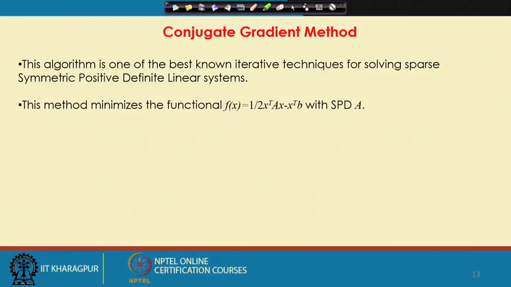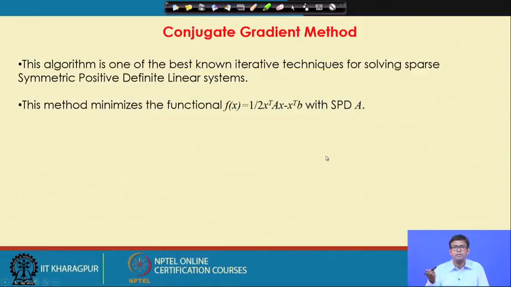Symmetric positive definite matrices which are sparse can be solved by this method, and this is one of the best known methods. We will show it in a while. This method minimizes the function f(x) equal to half of x transpose A x minus x transpose b for a symmetric positive definite matrix A.